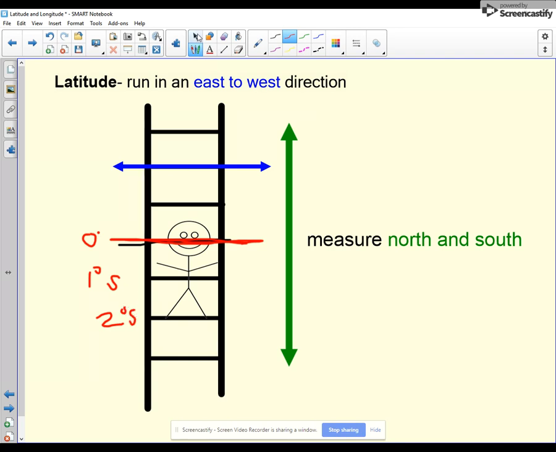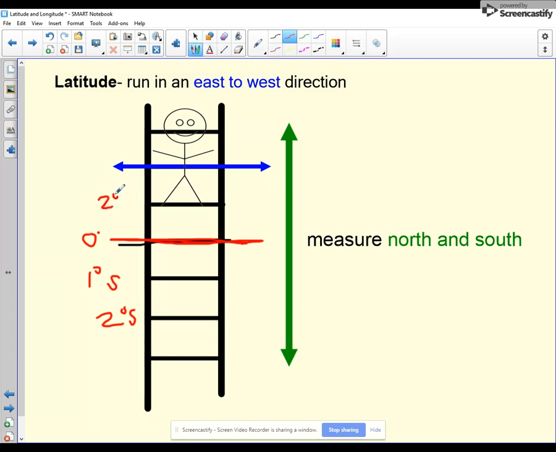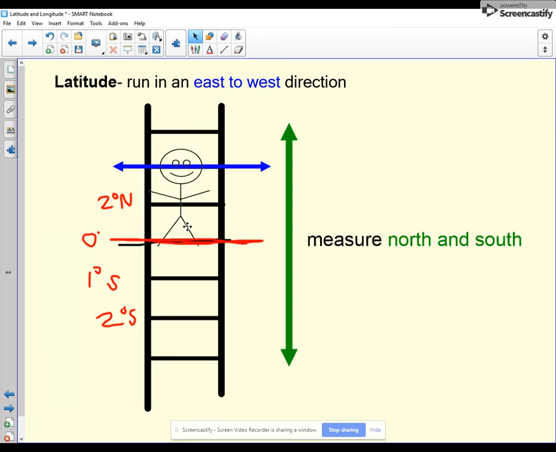So as I move down south from the equator, where his feet are, it's 1 degree south, another degree, 2 degrees south. So I'm measuring how far south of the equator he is, or if I start here, how far north of the equator he goes. So if he's up here, he's at 2 degrees, but now we are above the equator, so we're at 2 degrees north. So it's how far north of the equator you go, or how far south of the equator you go.